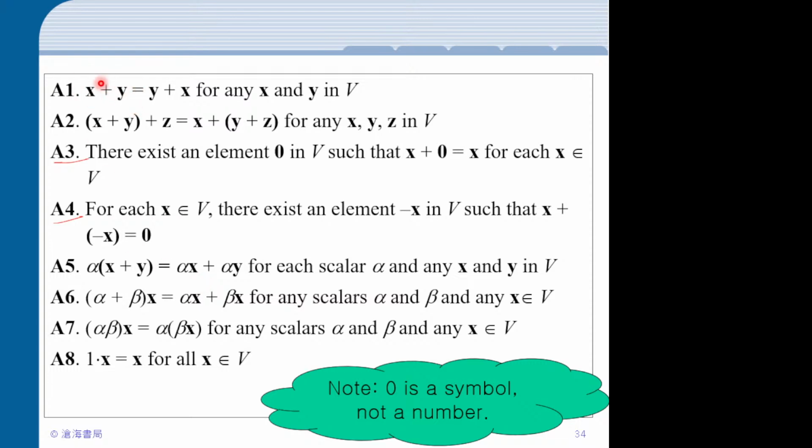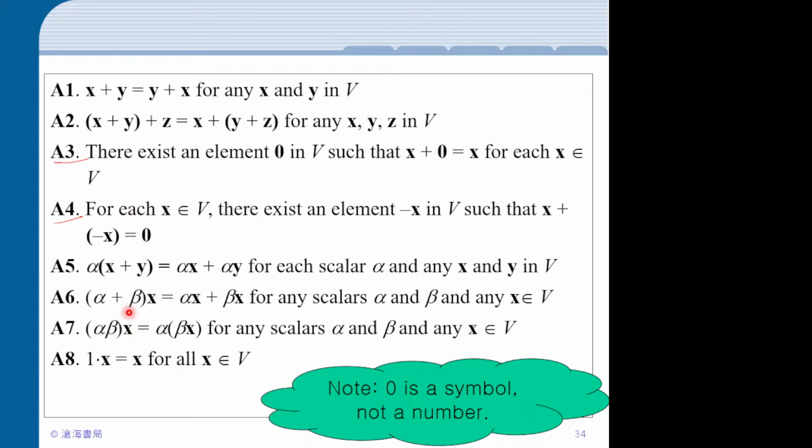You need to have x plus y equal to y plus x, and you need associativity, so x plus y, then plus z, equals x plus y plus z. And there is a 0 such that x plus 0 still equals x, and there is an inverse such that x plus minus x equals 0. Those are only about addition.